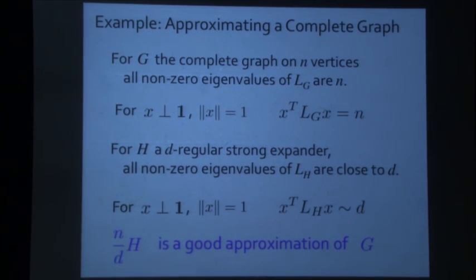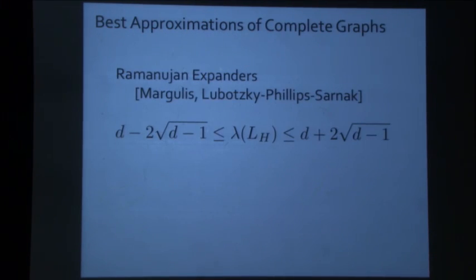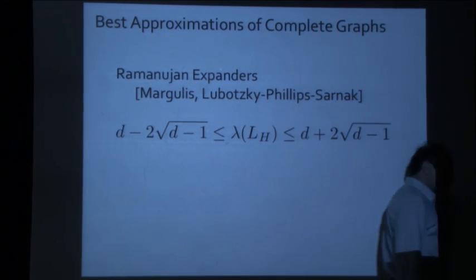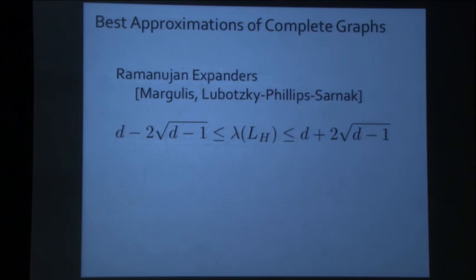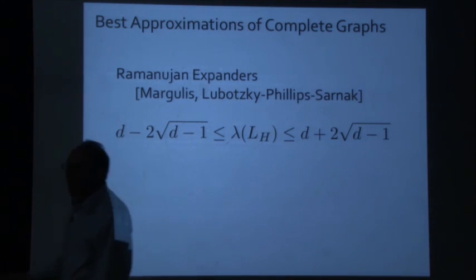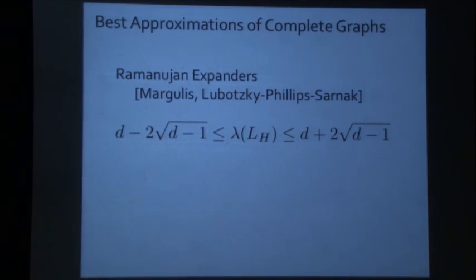OK, you can ask, how good can you get? Well, the best we know are the Ramanujan expanders, constructed independently by Margulis and Lubotzky, Phillips, and Sarnak. All of their non-zero eigenvalues lie between d plus or minus 2 root d minus 1. So at least for d big, 10 or 20, this is really a number that's very close to d.